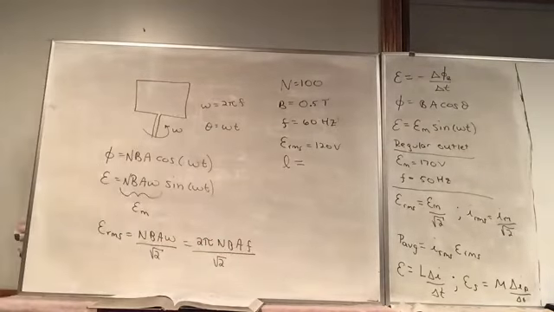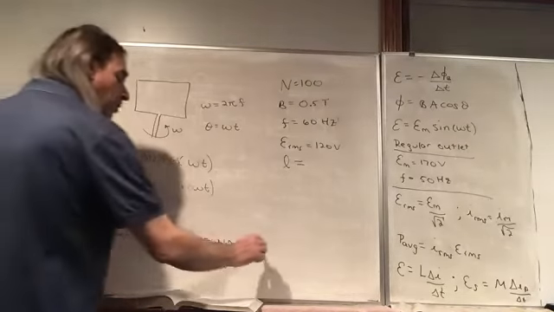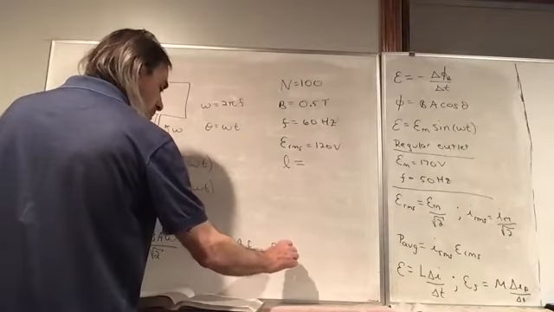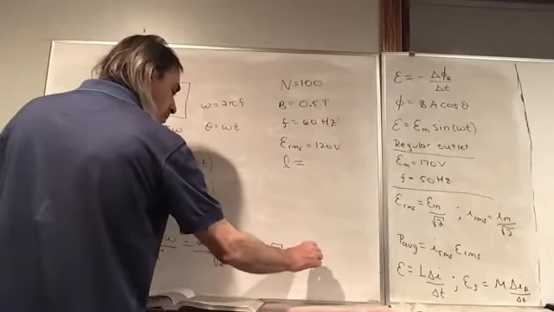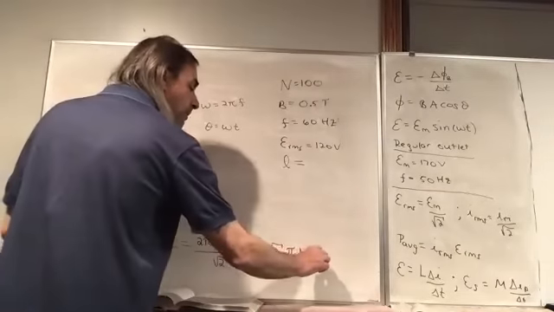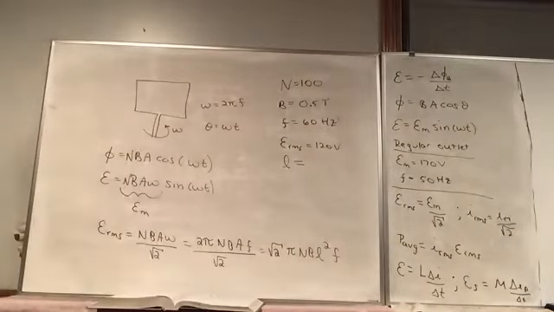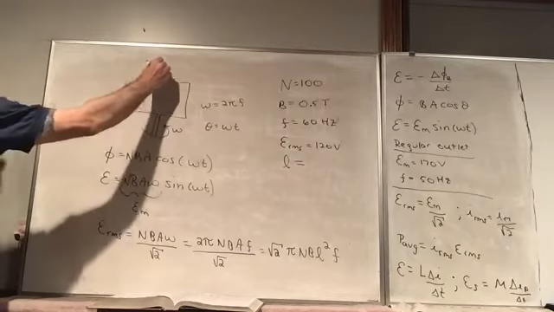And we can even simplify this a little bit. We can write 2 as the square root of 2 times the square root of 2. And area, I'm going to write as L squared, because we're told that the coil was a square, so it has sides of length L.